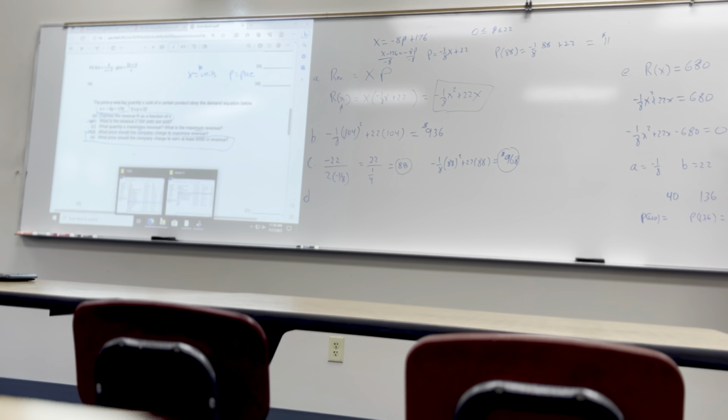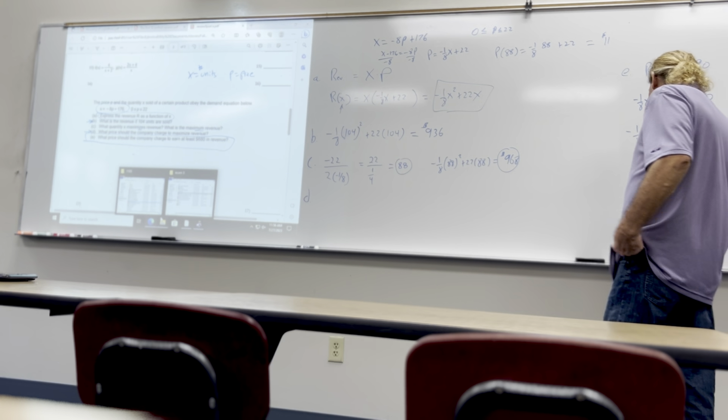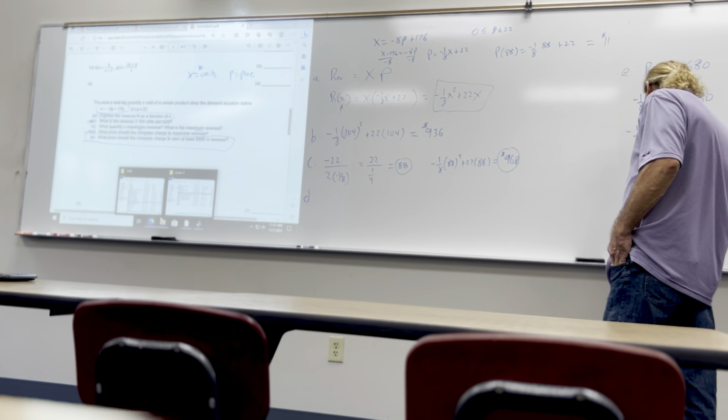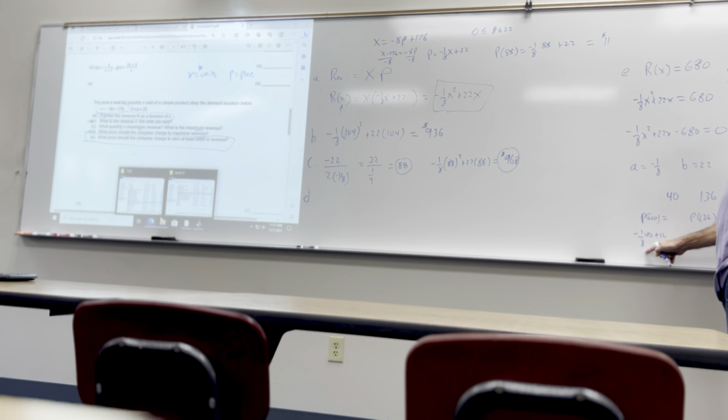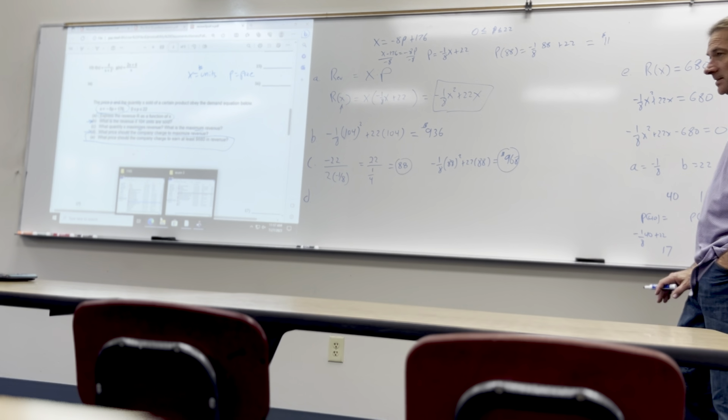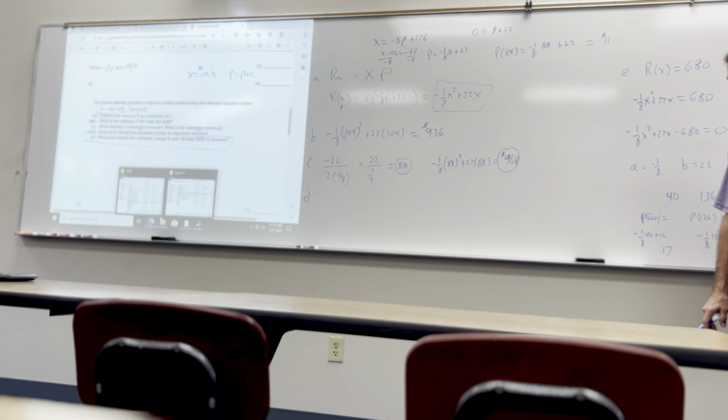Let's see what it is. 40 would be minus 1 over 8 times 40 plus 22. Well, 40 divided by 8 is 5. Negative 5 plus 22, I think that's $17, right? And 136 would be minus 1 over 8 times 136 plus 22. So what's 136 divided by 8? Isn't that 17? Negative 17 plus 22, that'll be $5.